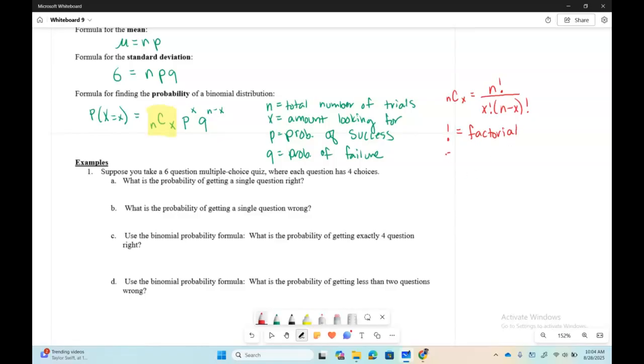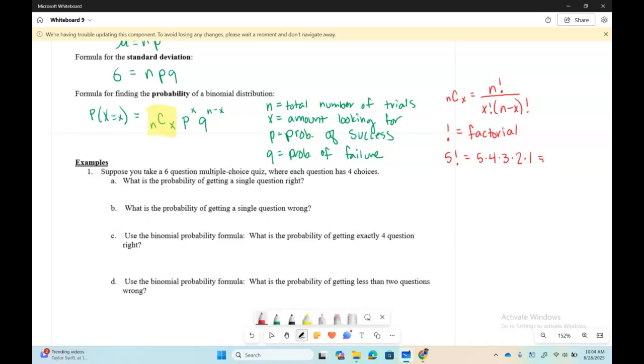What that means is if I have 5 factorial, I want to figure out 5 times 4 times 3 times 2 times 1, and 120 is what 5 factorial means.